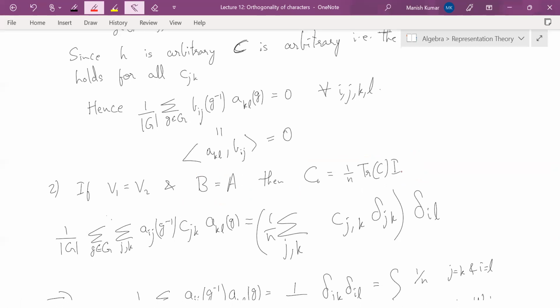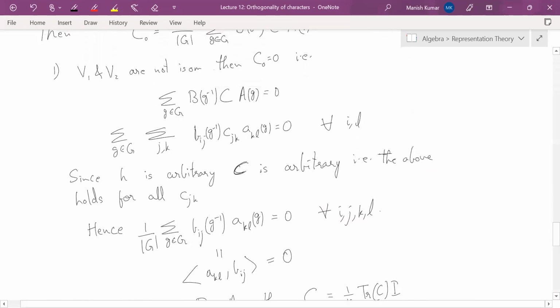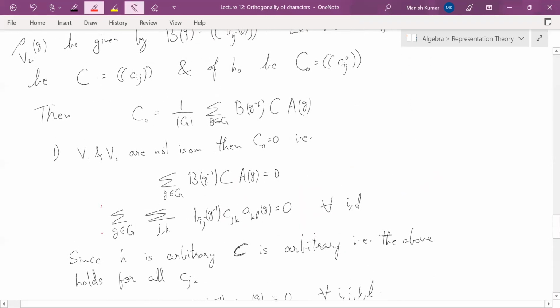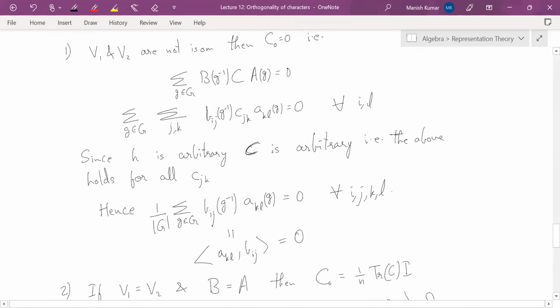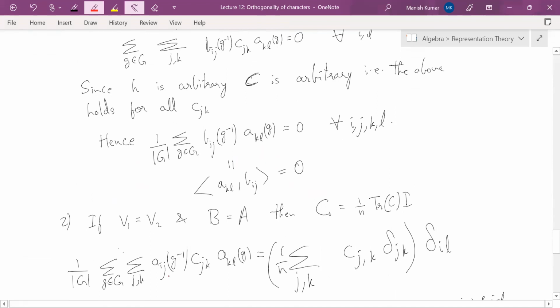So let's try to understand what this formula means in terms of matrices. Of course, for C0 we know what the formula is, so we computed that here. The left hand side of this: I've just copied this with B_ij replaced by A_ij. So A_ij(g inverse) C_jk A_kl(g), and then you sum over j, k and sum over g in G, with 1 over |G|.